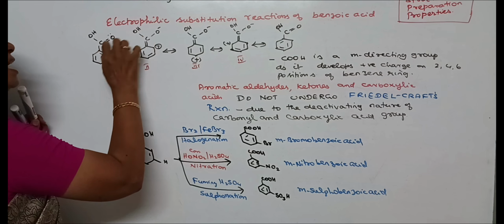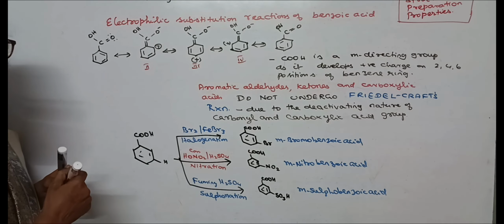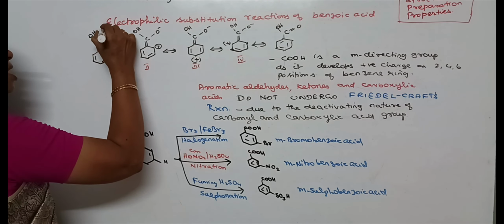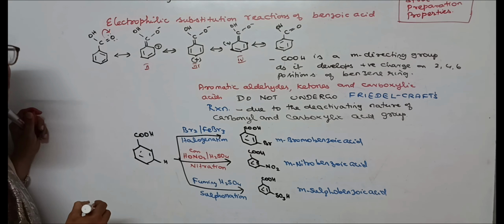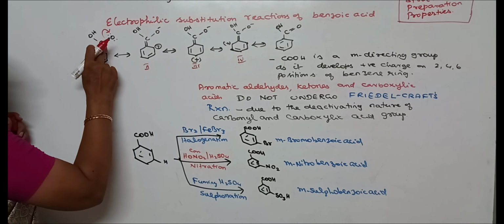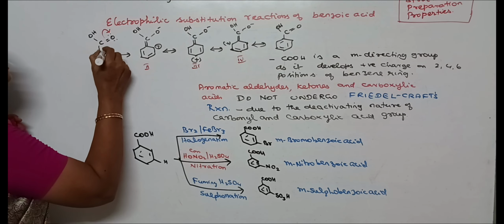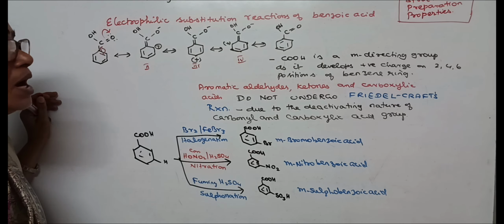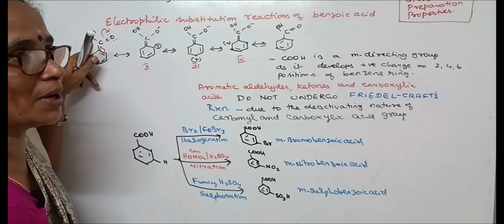But the carbonyl oxygen differs in electronegativity, and hence this oxygen withdraws the electron from the carbonyl group. So we are getting CO minus, where the electron density of carbon decreases, and hence one of the pi bonds migrates towards the carbonyl oxygen.